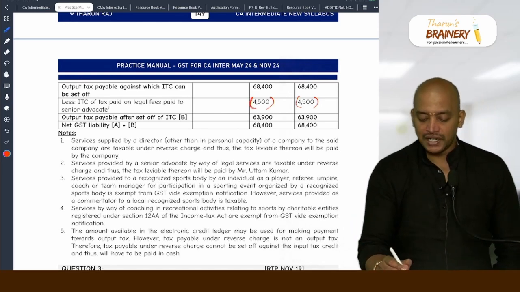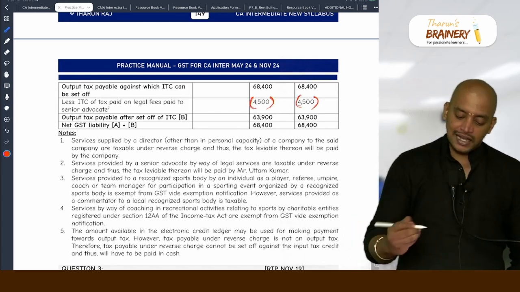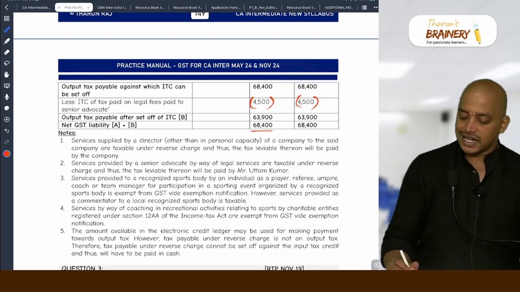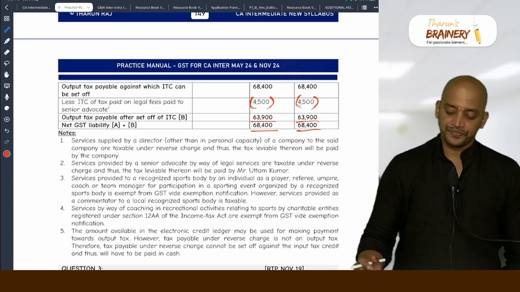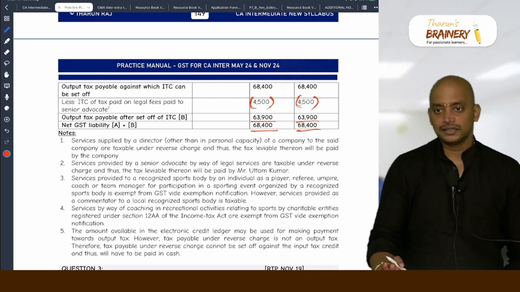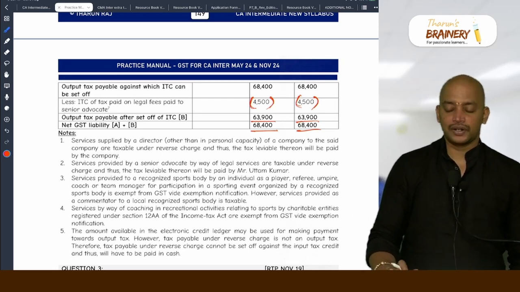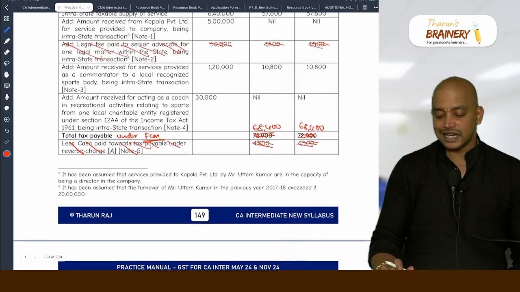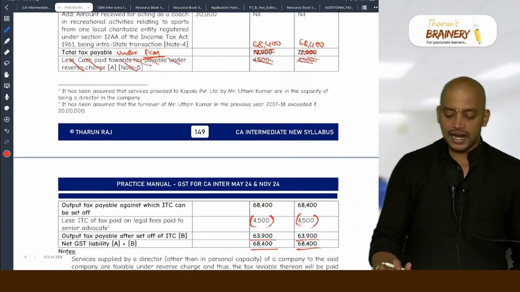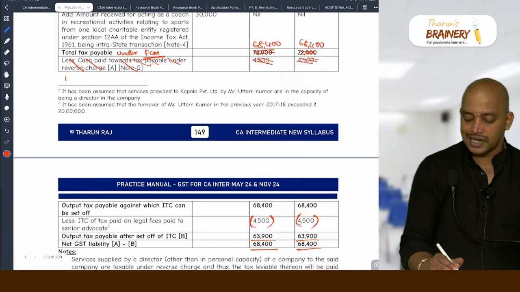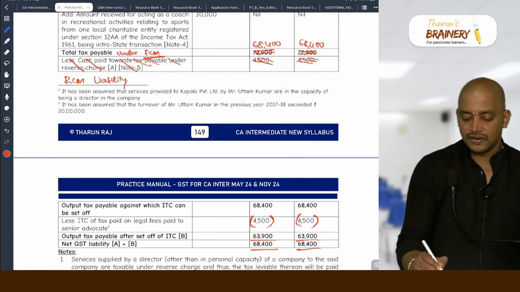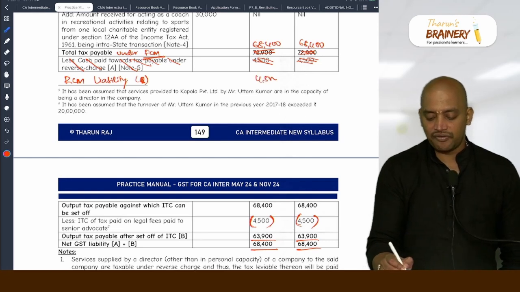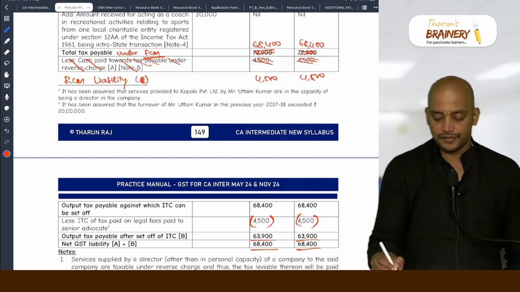So first you deduct and then you add. That is where the net GST payable will be 68,400. Okay, clear? So the answer 68,400 is correct only. Here a slight correction is required. And what is your RCM liability? RCM liability is B, 4,500, 4,500.